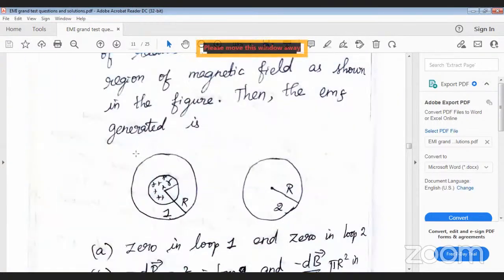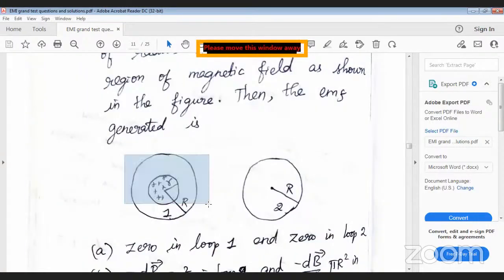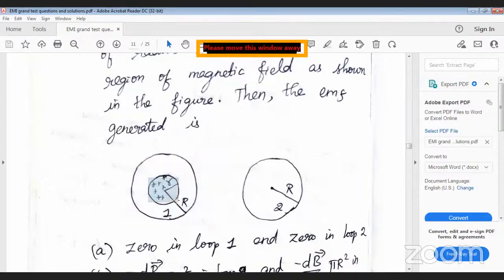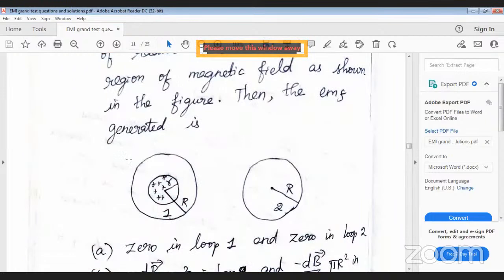And this outer circle of radius capital R encloses this inner circle. That means this outer circle can also have the magnetic flux from this inner circle linked with it, because it encloses the inner circle of radius small r.